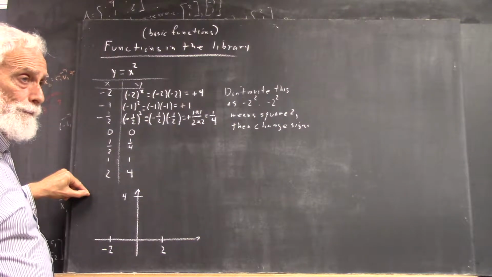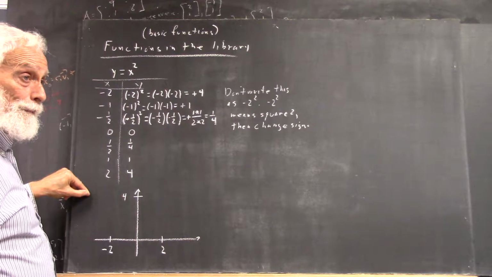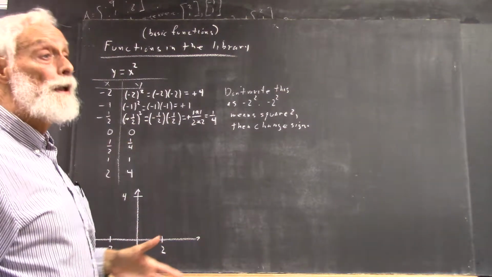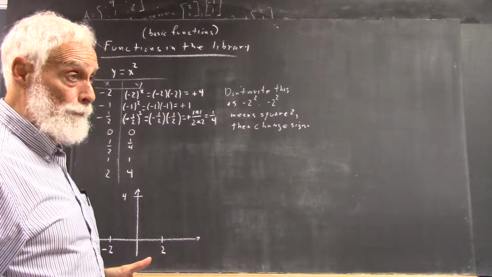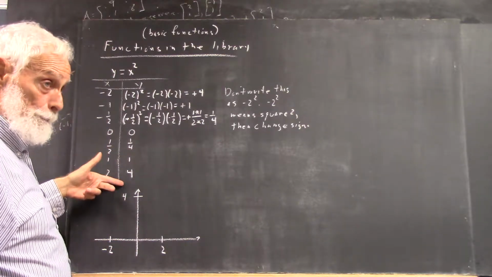The y. Now, what is the range of a function? It's a set of all possible y values, right? Yeah. So our range is the set 0, 1/4, 1, 4.